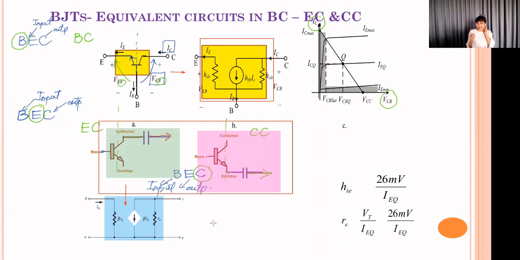On this side, you can see we can use three parameters. Don't worry, what is the meaning of parameter? This is hF. This is hO. The scientists give us these parameters.